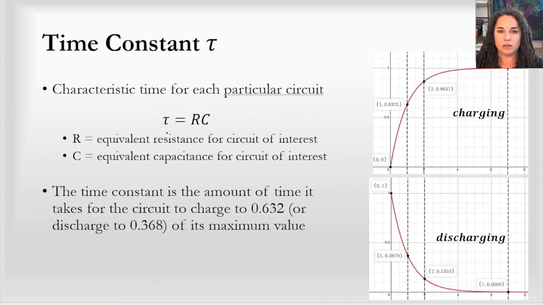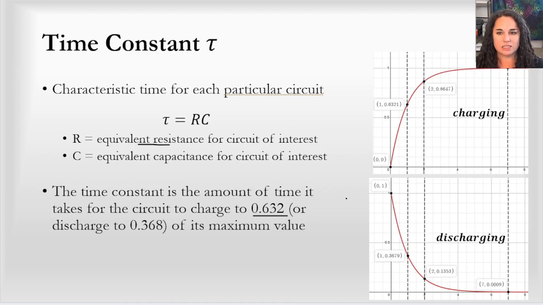So when you're looking at that equivalent resistance, make sure you have identified the correct circuit of interest. Same with a capacitor. You might have more than one capacitor in a circuit. What the time constant says is, because we're working with exponentials and natural logs and that sort of thing, the time constant is the amount of time it takes for a circuit to charge to 0.632 of its maximum value or discharge to 0.368 of its maximum value.